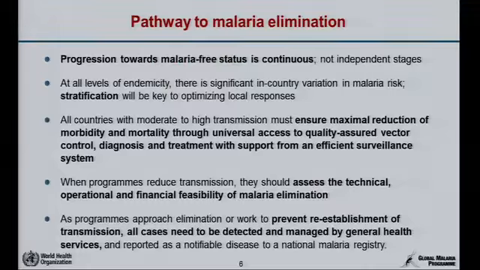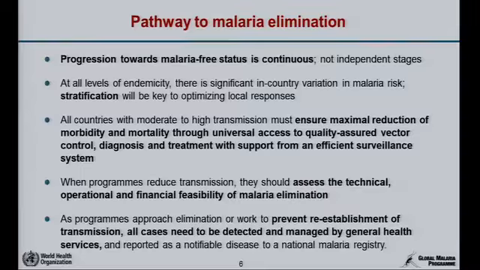At all levels of endemicity, there is in-country variation, small area variation in malaria risk, and therefore stratifying your malaria burden and adapting your program to that stratification exercise is key to optimize local responses. All countries with moderate to high transmission must ensure maximal reduction of morbidity and mortality through the current core malaria interventions as recommended by WHO, and that's quality assured vector control, diagnosis and treatment with support from an efficient surveillance system.